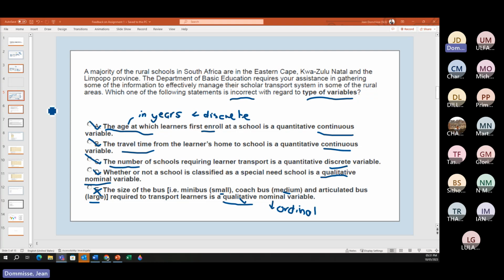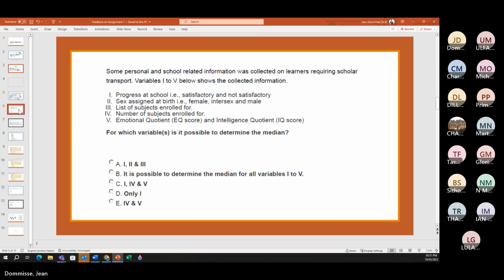Okay, so let's then look at some of the questions that were asked around study unit 2. But now, median was nearly covered in study unit 3 as well.